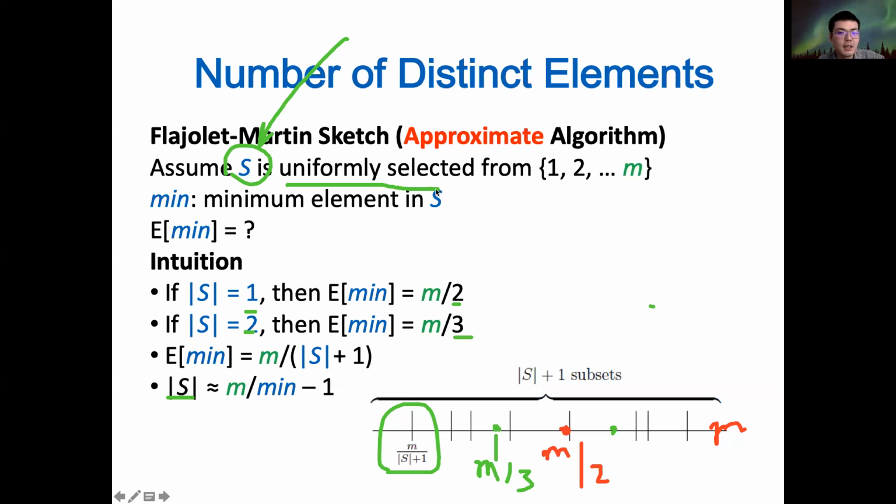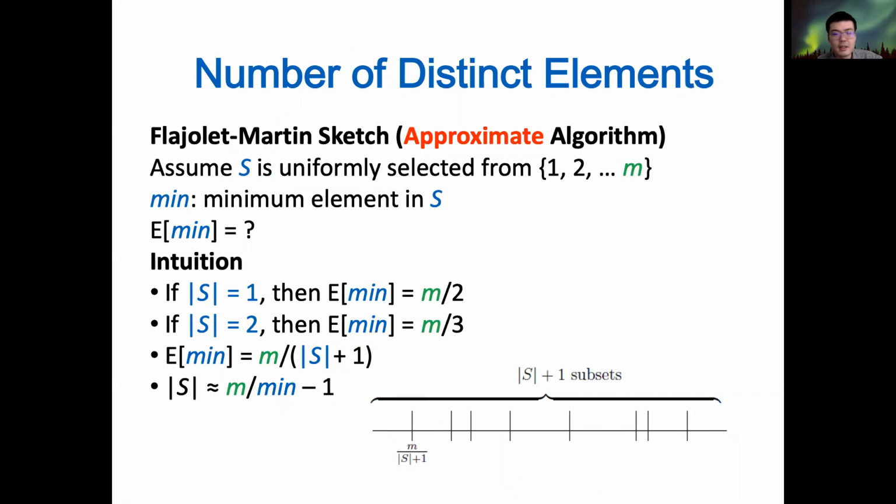We will see later how we can achieve this truly uniform distribution. If you move this to the right-hand side, S + 1 equals m divided by the minimum. Because it's +1 against -1, you can estimate S approximately as this value. Usually you are estimating a very large number, so the difference of 1 doesn't matter.